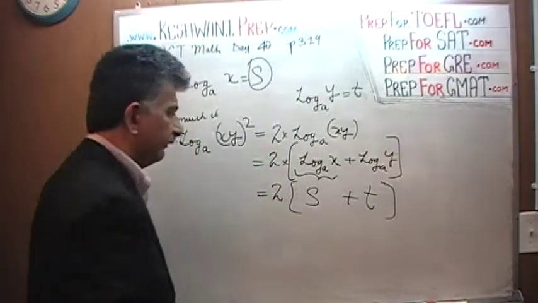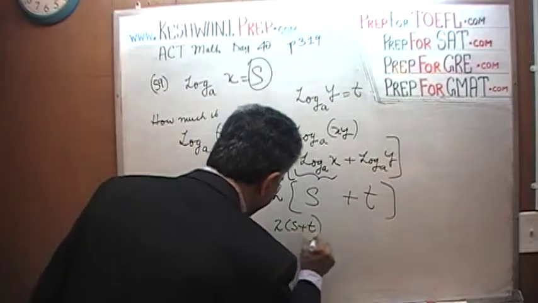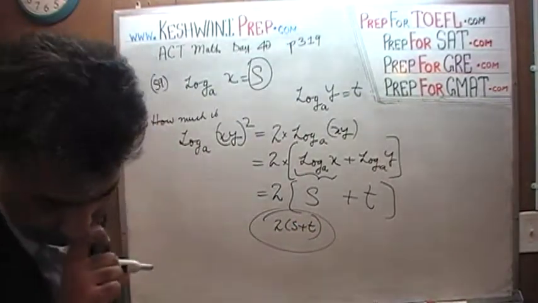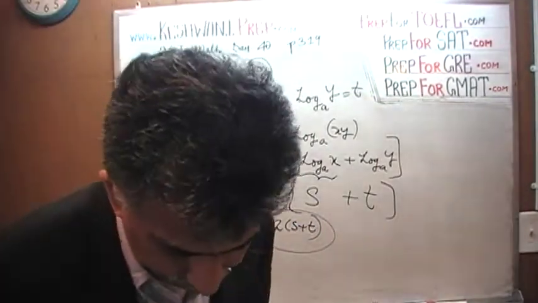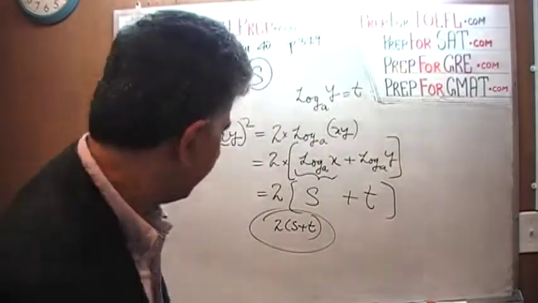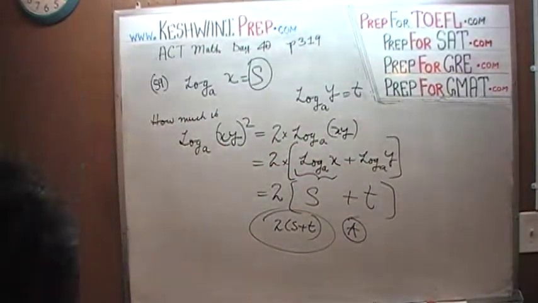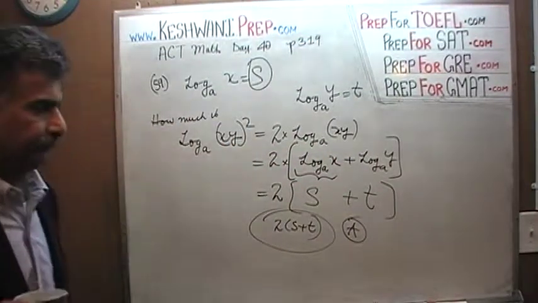That's it, we are done. That's our answer. The answer is 2 times s plus t. Whichever answer choice agrees with that, that's our answer. That's for the very first one. The answer is A.